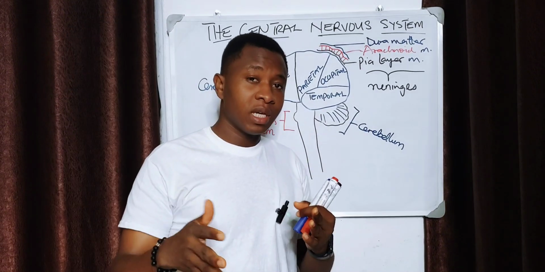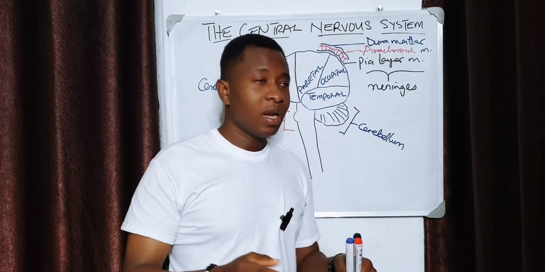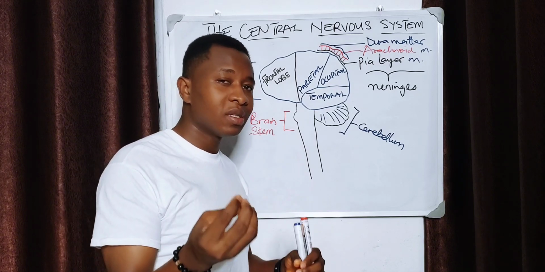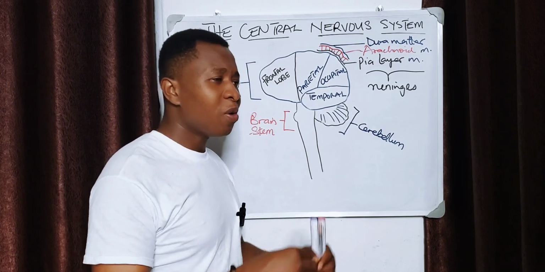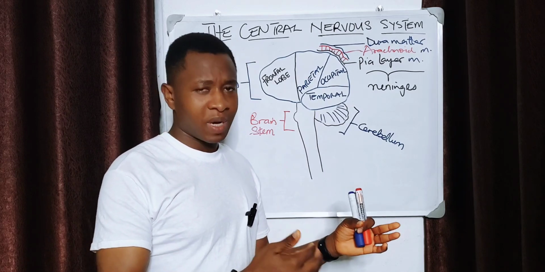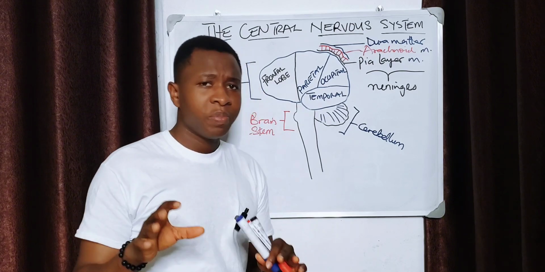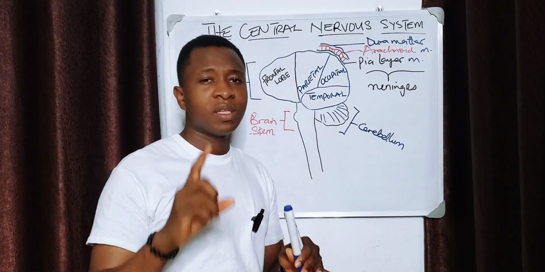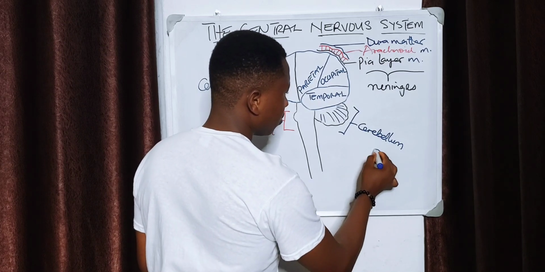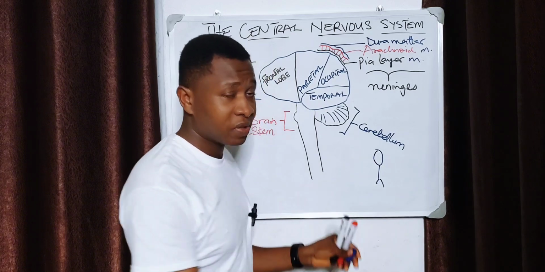The CNS is actually made up of both the gray and white matter. If you divide the brain, you would find gray substances and also white substances. Now, what makes up the gray substances and what makes up the white matter? I'm going to be explaining that now. We know that the basic unit of the central nervous system is the neuron. The structure of the neuron looks like this. We have the cell body and the axon. This is just a rough sketch.